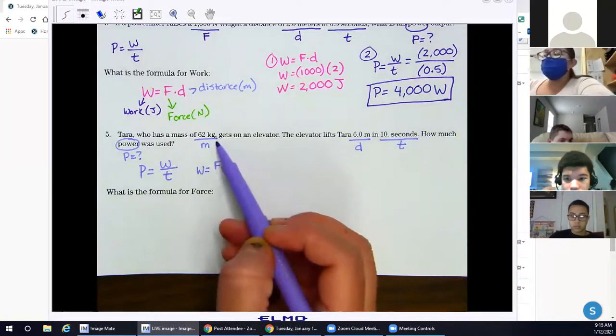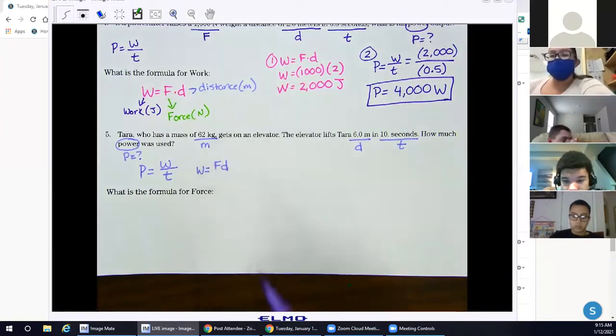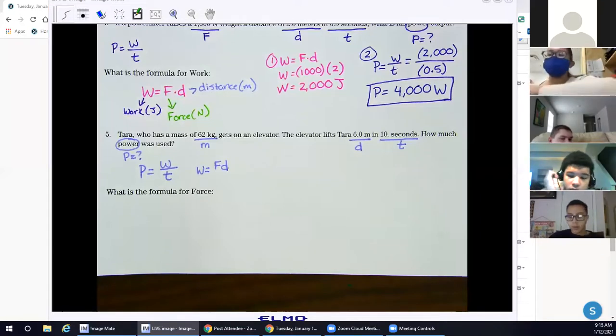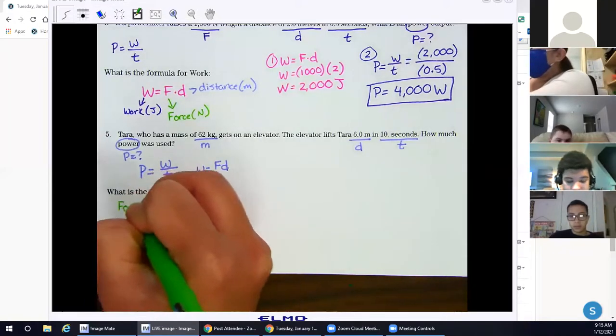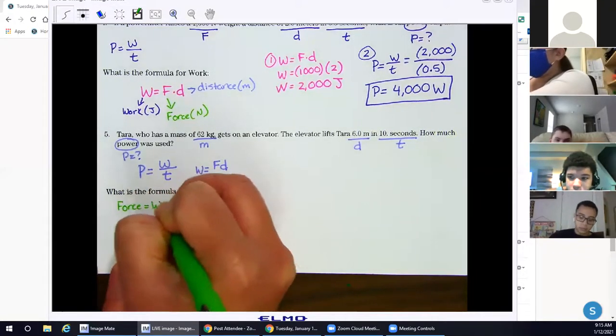But remember, if you have a mass and it's going up or down, we know the acceleration acting on it, right? It's always going to be the same number. What number is that going to be? 9.8. 9.8, gravity. So remember, force is also equal to weight. They're the same thing.